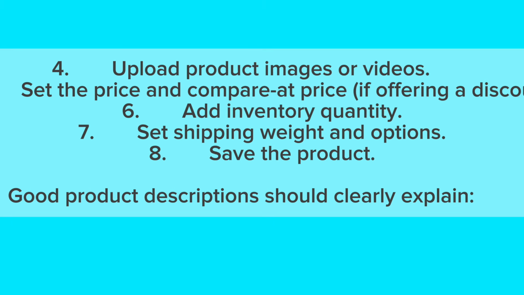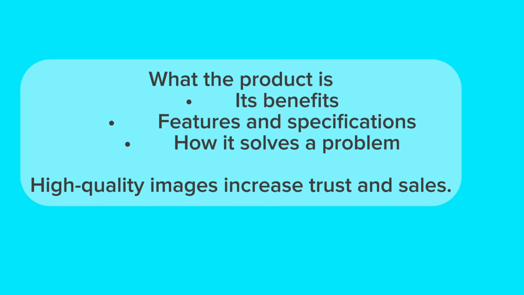Set the price and compare at price if offering a discount. 6. Add inventory quantity. 7. Set shipping weight and options. 8. Save the product. Good product descriptions should clearly explain what the product is, its benefits, features and specifications, and how it solves a problem. High-quality images increase trust and sales.